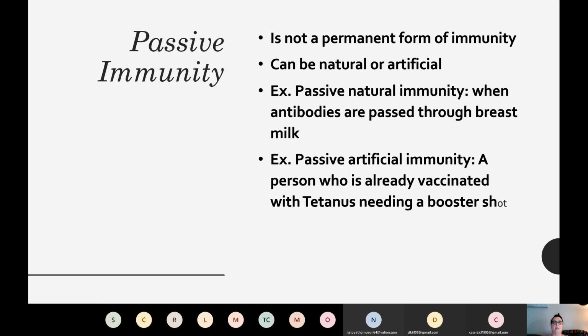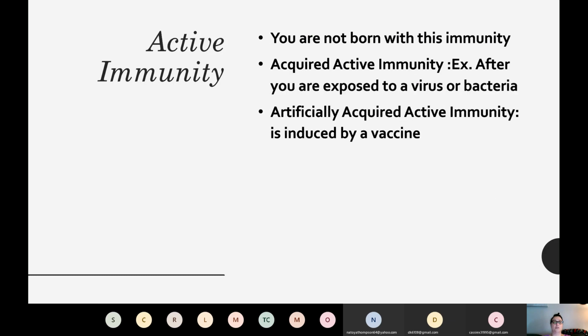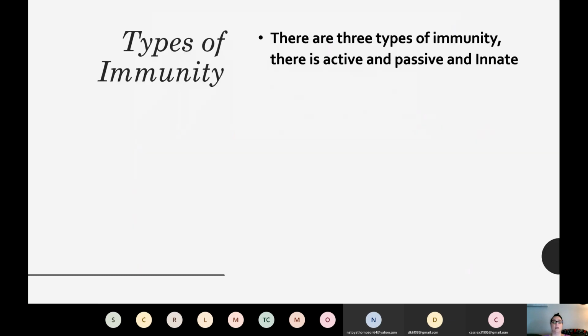No. And then passive artificial is just like the tetanus. You've gotten the tetanus shot, but now we're just getting a booster. So like I said, I know it's complicated. Don't feel overwhelmed. The video does a wonderful job of explaining everything. You just make sure you write this down. Active, passive, and innate are the 3 types of immunity.